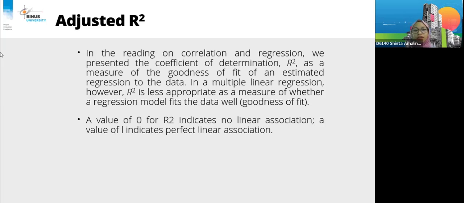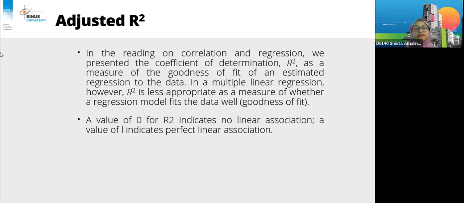Actually, there are R square and adjusted R square. I prefer to use the adjusted R square because it already adjusts for all the conditions that might affect the result during that time, and might consider the error as well. When the value is 1, it indicates a perfect linear association.